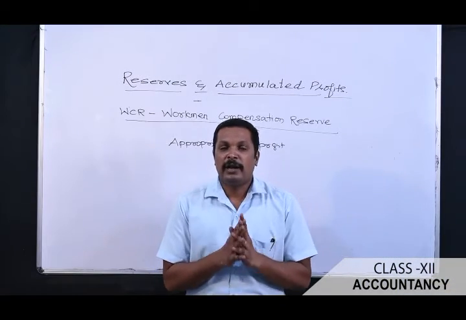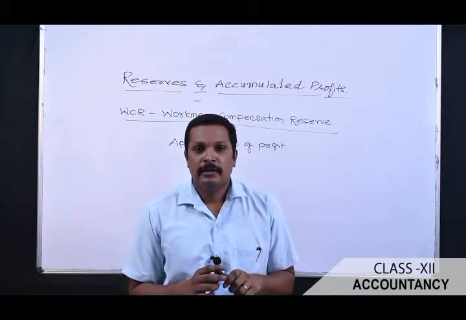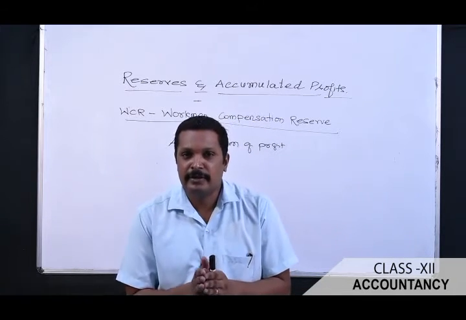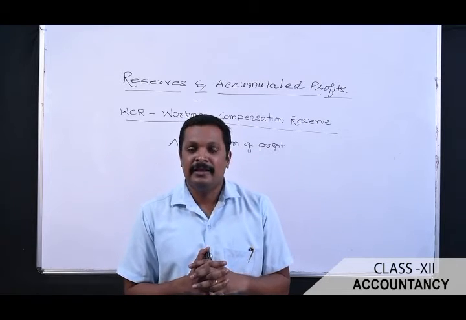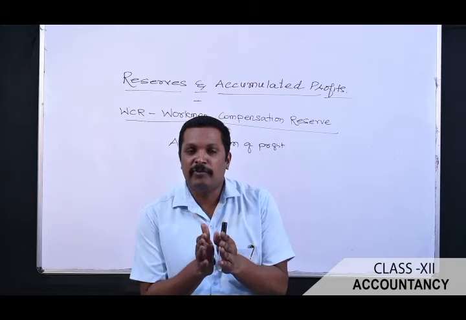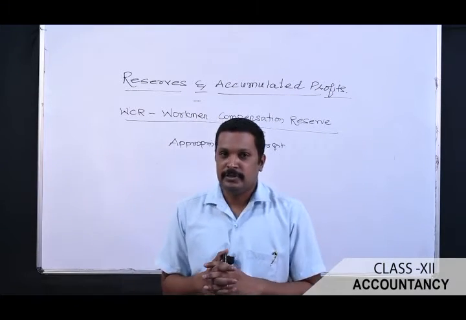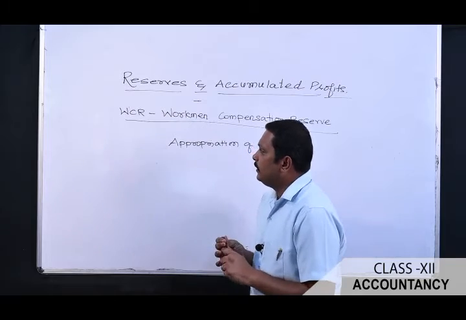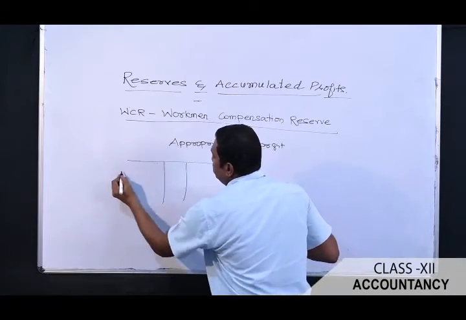Here, workman compensation reserve is given. It is appropriated to meet the case of an employee meeting with an accident. In that case, that amount will be used for compensation of the employees. So WCR lies on the liability side of the balance sheet.